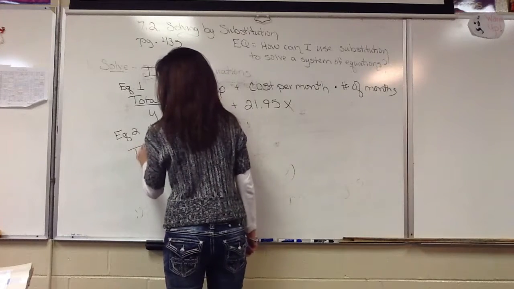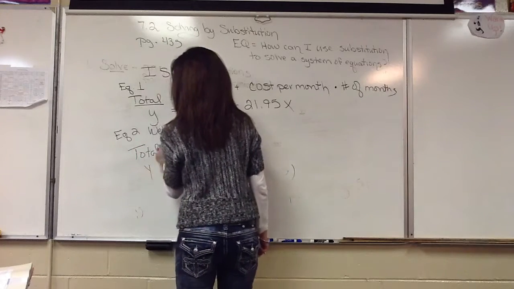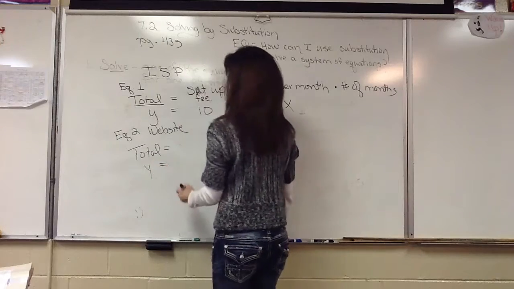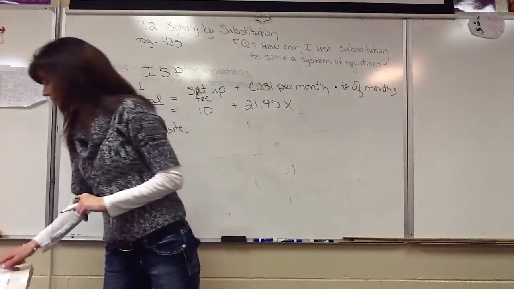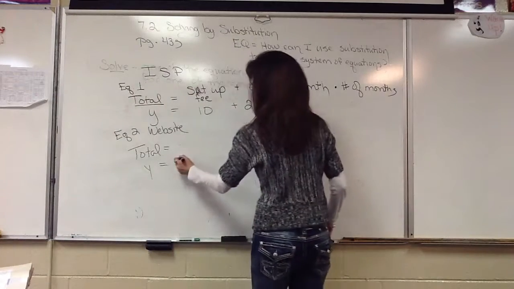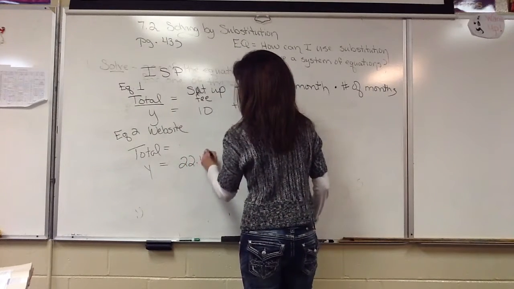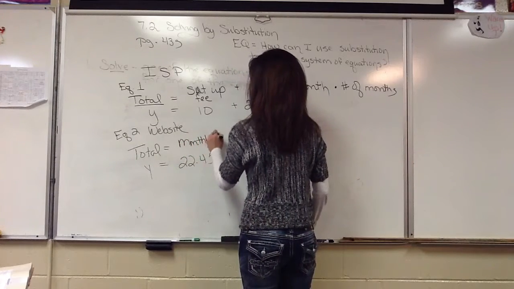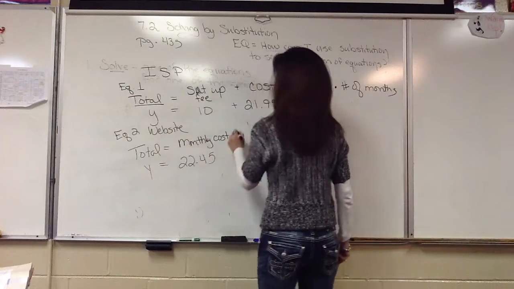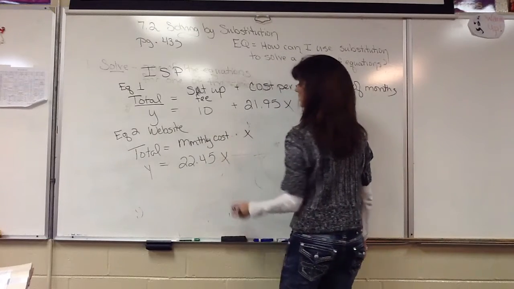And of course, once again, we have total, which is y, is going to be equal to our setup fee. Well, we don't have a setup fee. We only have a per month cost, and that per month cost is $22.45. And then, of course, we have to take into account times the number of months, and that's x.